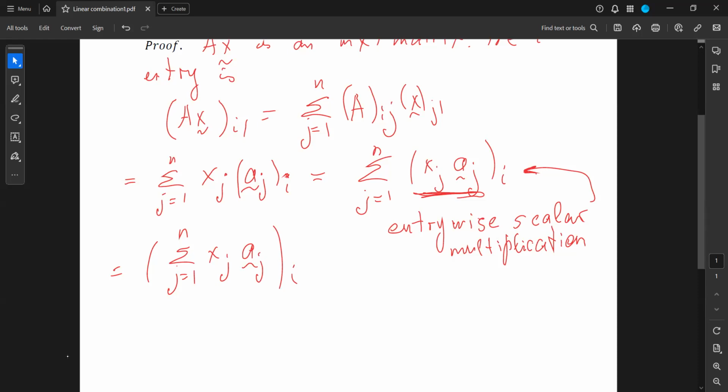If I have two vectors and I want to add them together, I just make a new vector where each entry is the sum of the corresponding entries in the two vectors I started with. This is entry-wise addition.